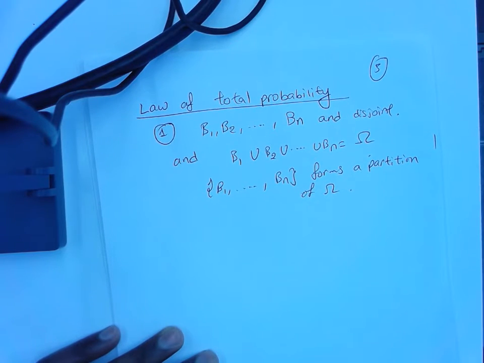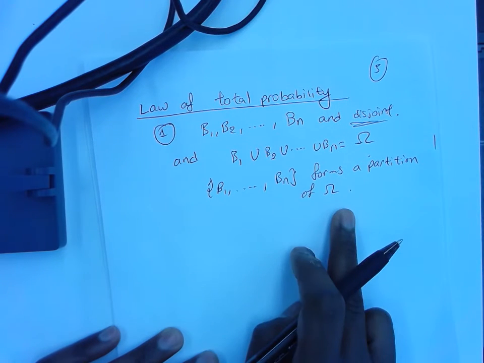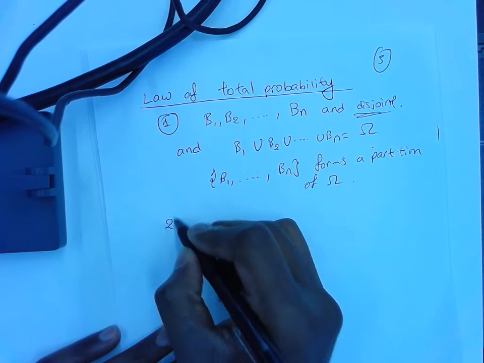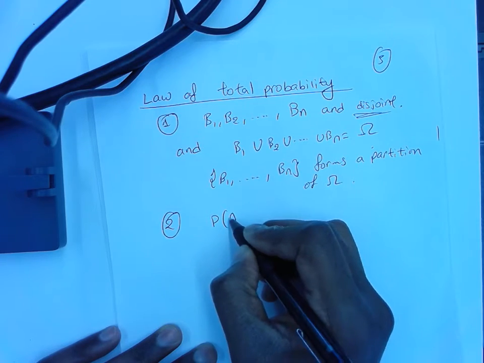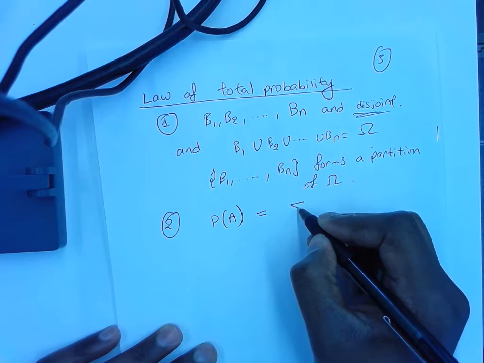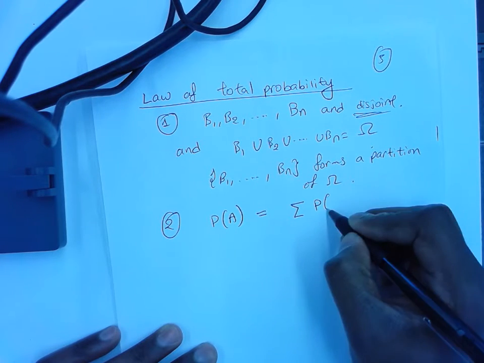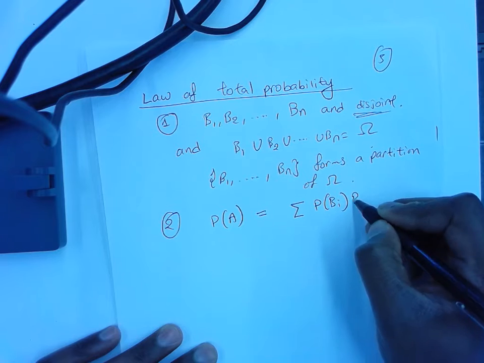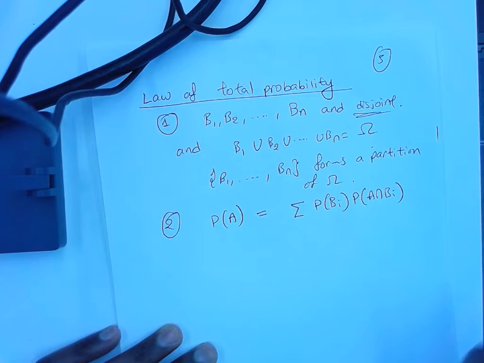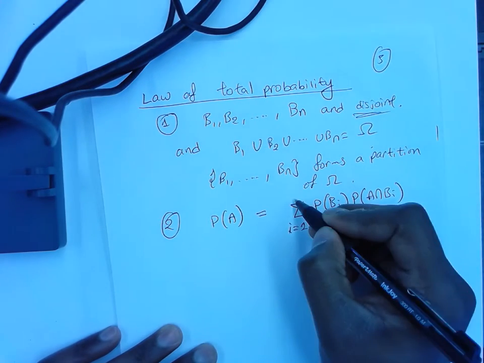So anyway, disjoint means they're pairwise empty intersection, and then they all union up to omega. Then here's the statement of the law, which says the probability of any event A will be equal to the sum of probabilities of P of Bi times P of A intersection Bi, with i equal to 1 to n.